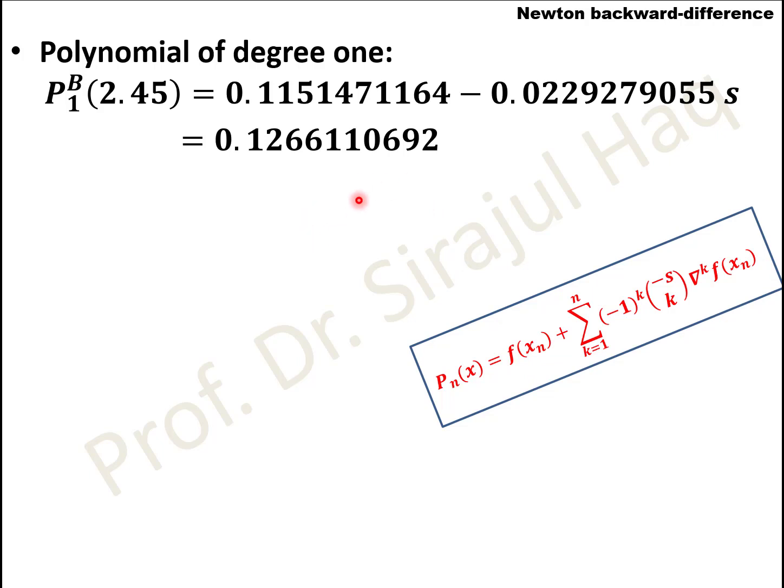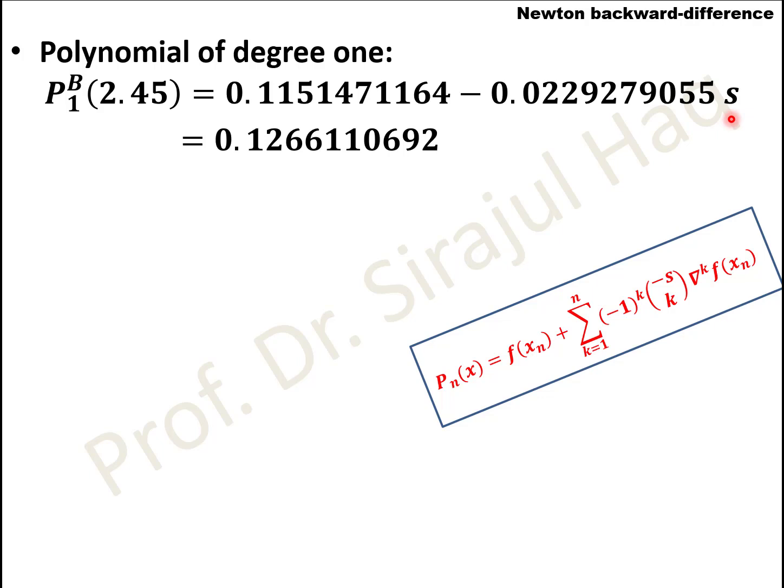Now, if your target is to find out the polynomial, then the value of s is x minus x5 divided by h. x5 is known, 2.5, h is known, which is 0.1.